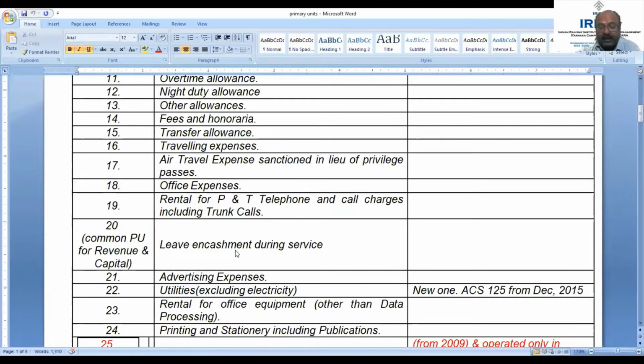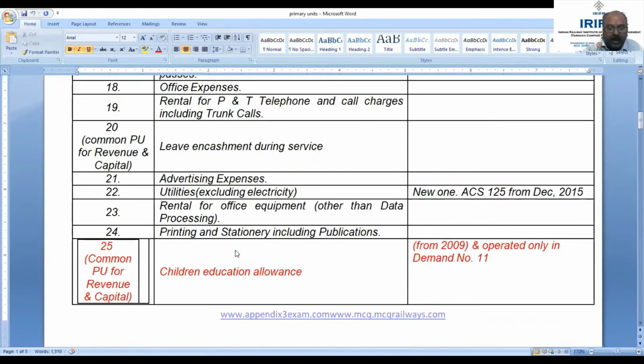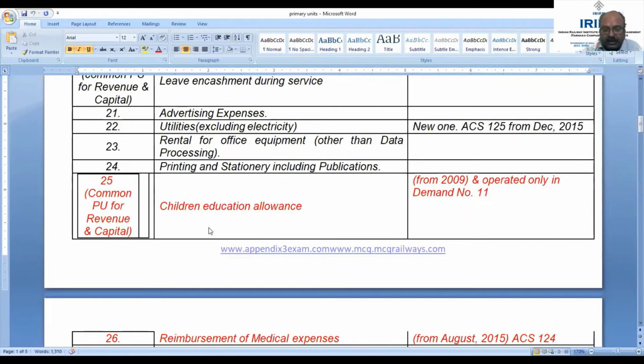This PU 20 was recently introduced, leave encashment, during the 6th Pay Commission. It is the leave encashment during the service, because for leave encashment at the time of retirement, PU 99 is operated, but during the service the PU is 20. This PU is common for revenue as well as capital. And 25 PU also is a common primary unit for capital as well as revenue.